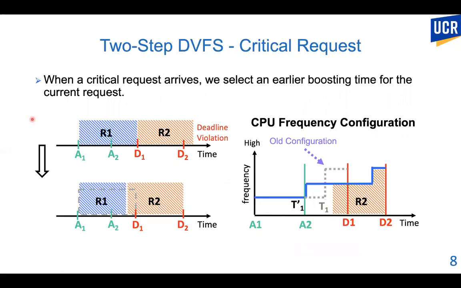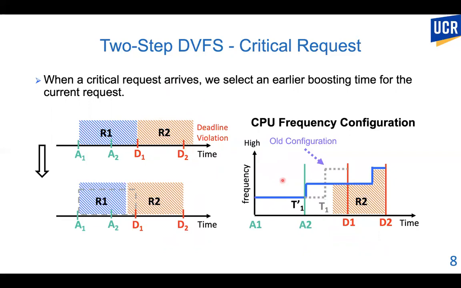In our 2-step DVFS, we will adjust the current frequency configuration when a critical request arrives. A search request is critical if it will miss its deadline under the current frequency configuration. In this example, request R1 is non-critical and request R2 is critical. Request R2 will miss its deadline, D2, if we keep the current frequency configuration.